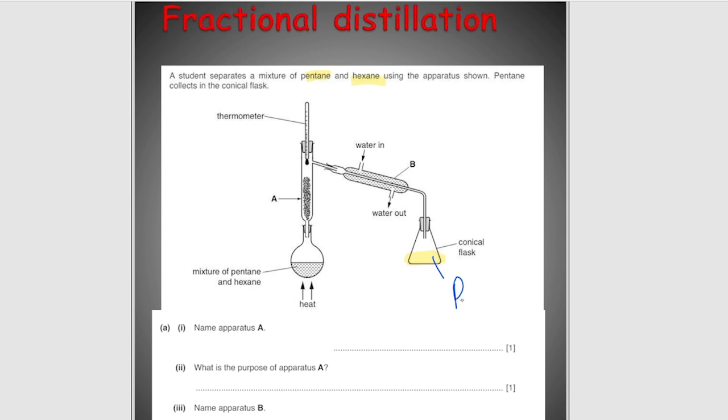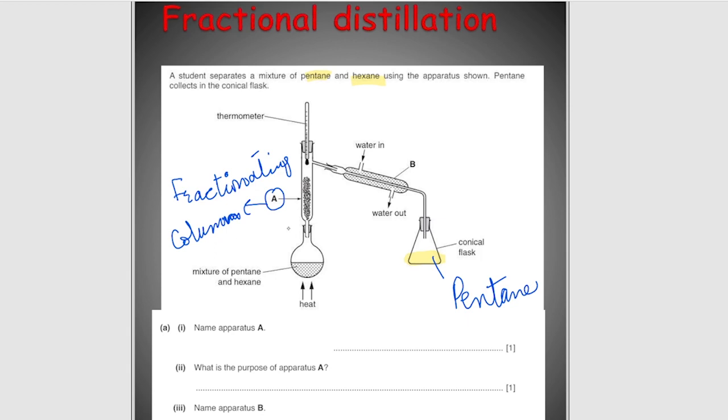This is the question which you all have to understand, what fractional distillation basically is. Name apparatus A. This is basically the fractionating column. What is the purpose of apparatus A?